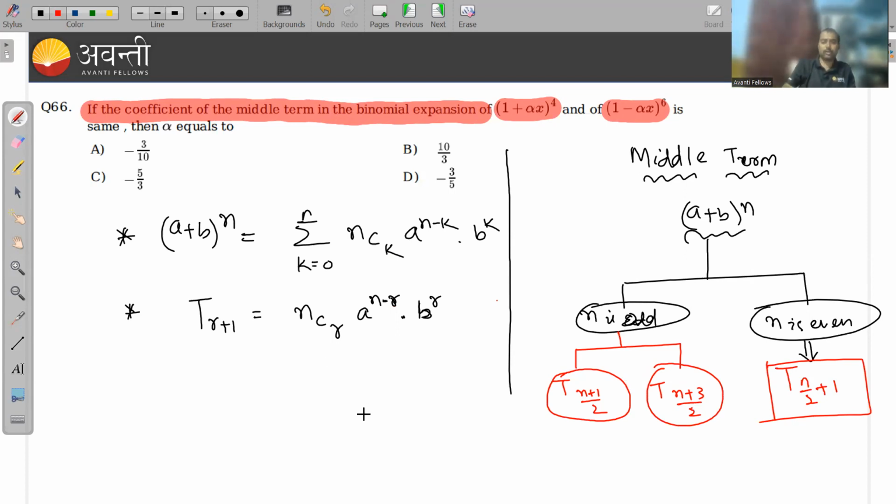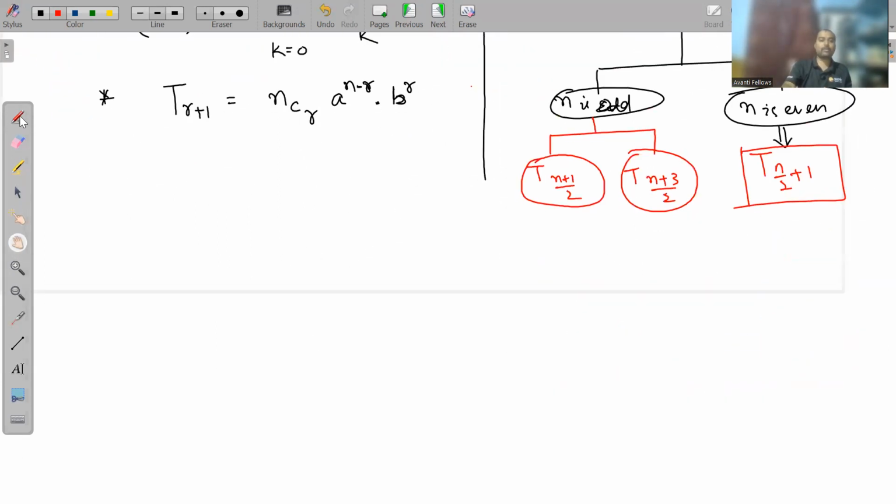Two binomial expansions are given. One is (1 plus alpha x) to the power 4. Let's discuss the first one, (1 plus alpha x) to the power 4. Here n is even, so n is equal to 4, and it is an even number.